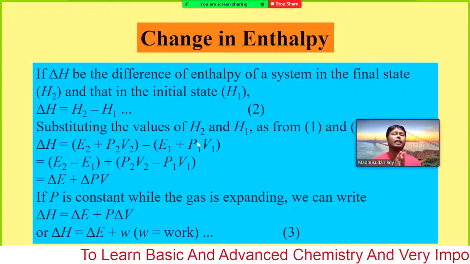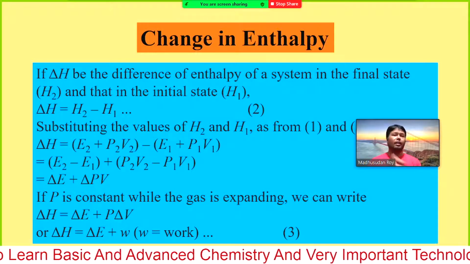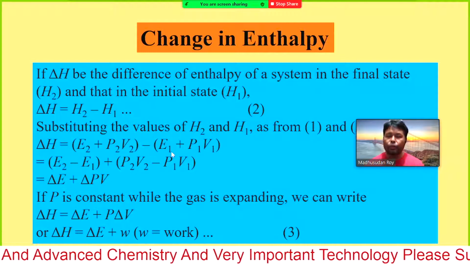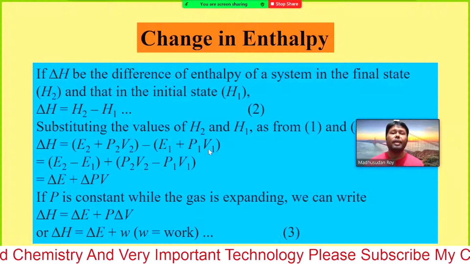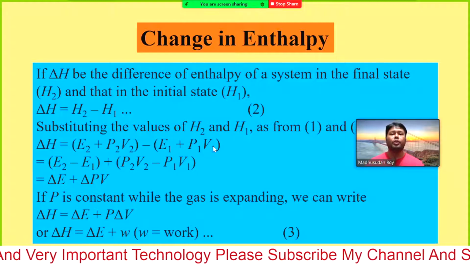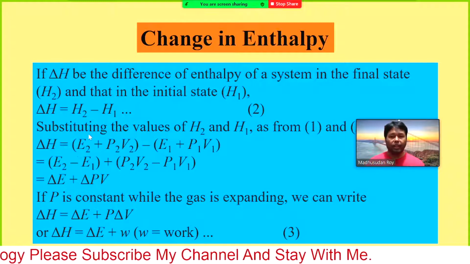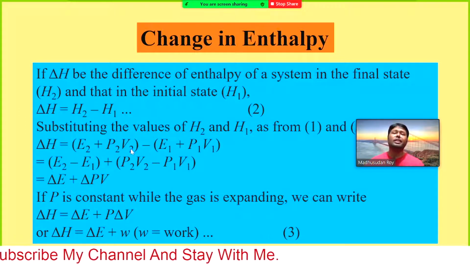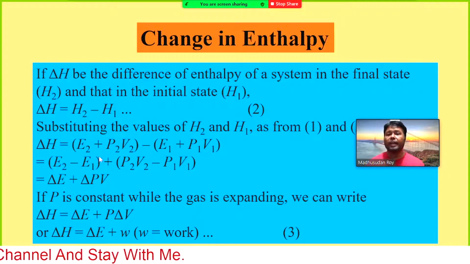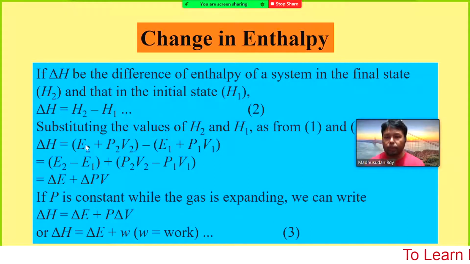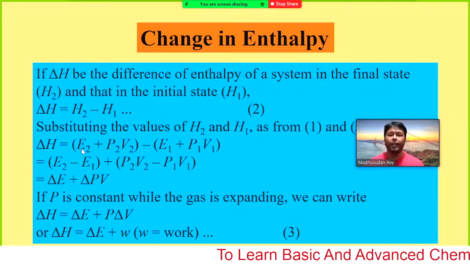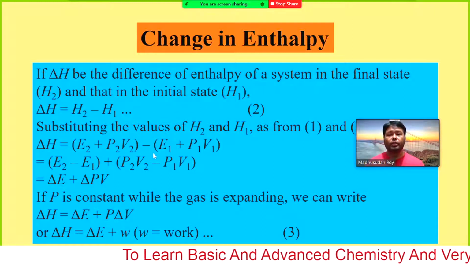We are representing all the terms: initial energy E1 plus initial pressure into initial volume. And H2 we can represent in the similar way, E2 plus P2V2. Now if we organize the equation, we bring together the energy terms, E2 minus E1.